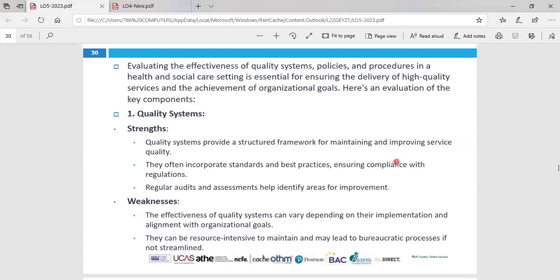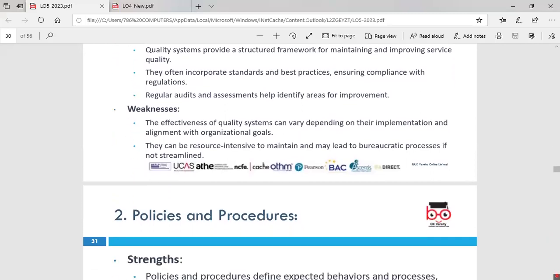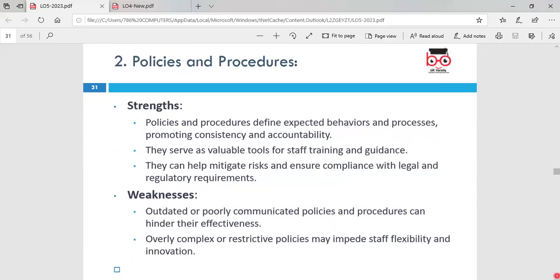You'll have regular audits. But the weakness is that it's time consuming, it takes a lot of resources, and it might be bureaucratic sometimes if it's not properly streamlined, and it depends upon the implementation. How much are you implementing it and how much is it aligned with your own organizational goals?